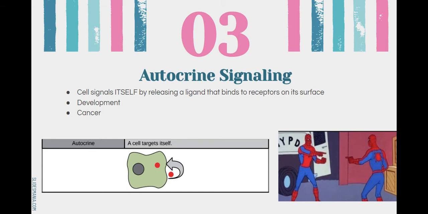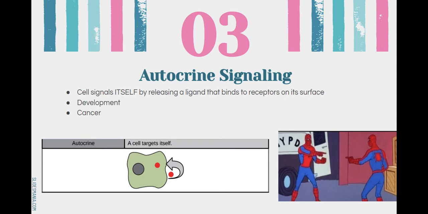We see this as important during development too. It can help cells take on and reinforce their correct identities, so they are stimulated to continue to do what they do during development.